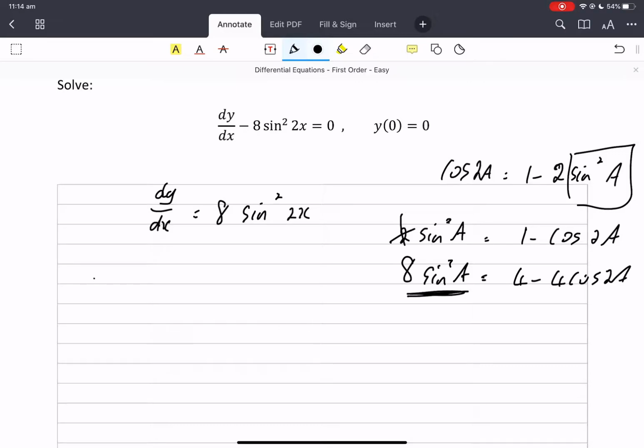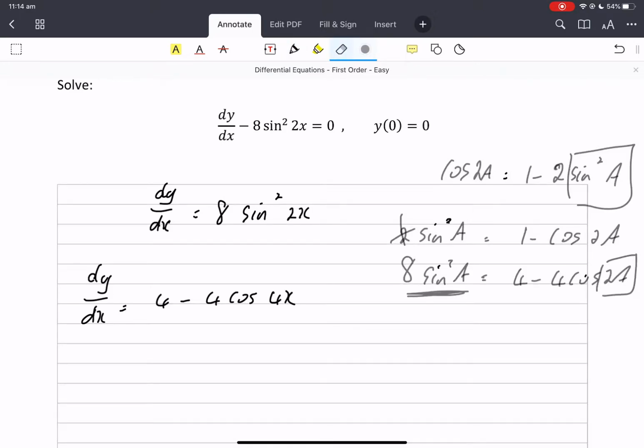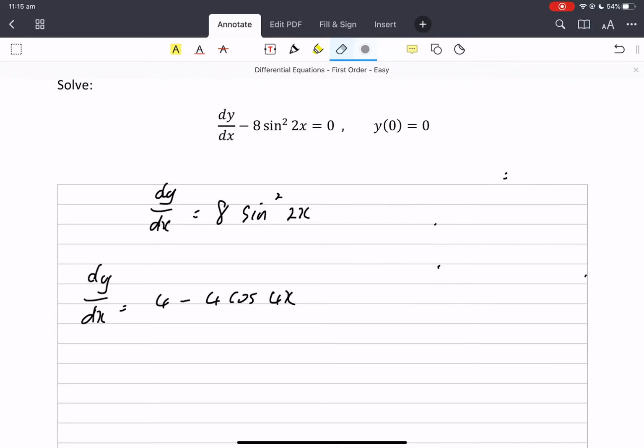So let's do it. dy equals 4 minus 4 cos. This 2a is 2 times 2x, which is 4x. You know what? This over here that I'm just about to rub out, it's not needed in your exam solution.